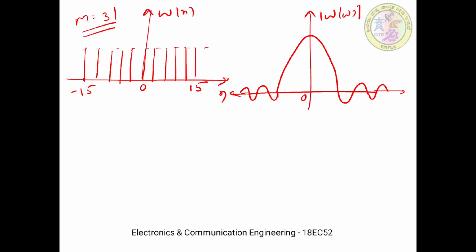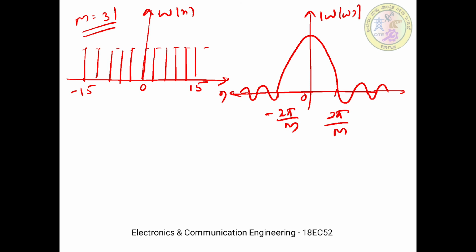And here we have a main lobe and side lobes in the magnitude response, and the main lobe width is 4 pi by m in case of rectangular windows, because it ranges from minus 2 pi by m to plus 2 pi by m.